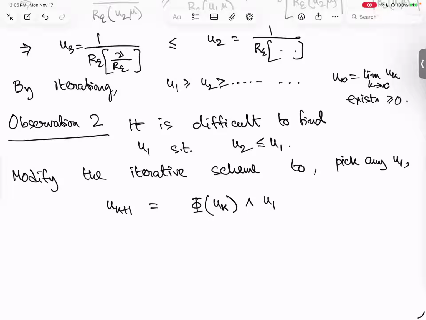Okay, so you pick U1 and you apply this problem that is phi of UK to U1. All right, okay. How does this help?